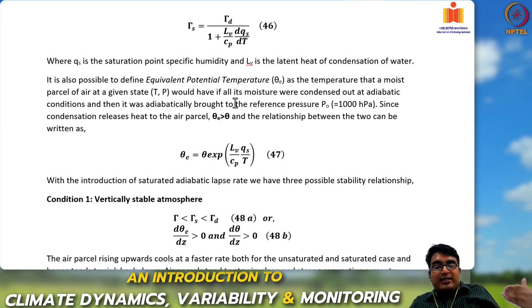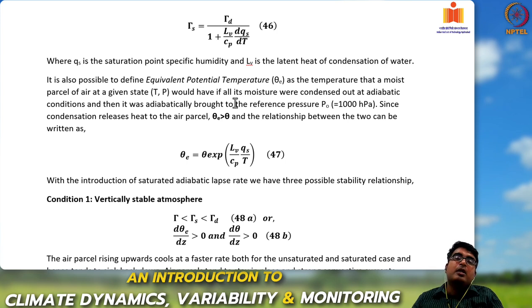We are condensing all the moisture out of the saturated parcel of air through an adiabatic process, and then this dried parcel of air is brought to its final reference pressure. Okay. Then the temperature after this two-stage process is done is the equivalent potential temperature.